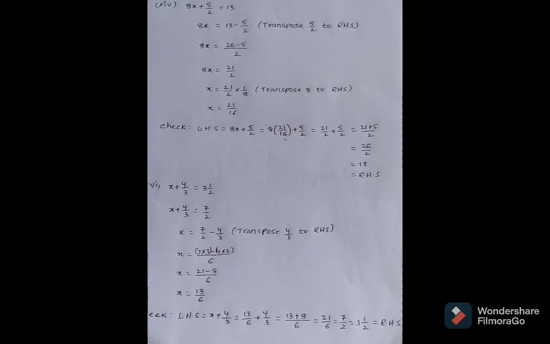So numerator 21 by denominator 2 plus 5 by 2. Here we observe denominators are equal, so we add numerators. So 21 plus 5 by 2, that equal to 26 by 2. 2 1s are 2, 2 13s are 26, that equal to 13.